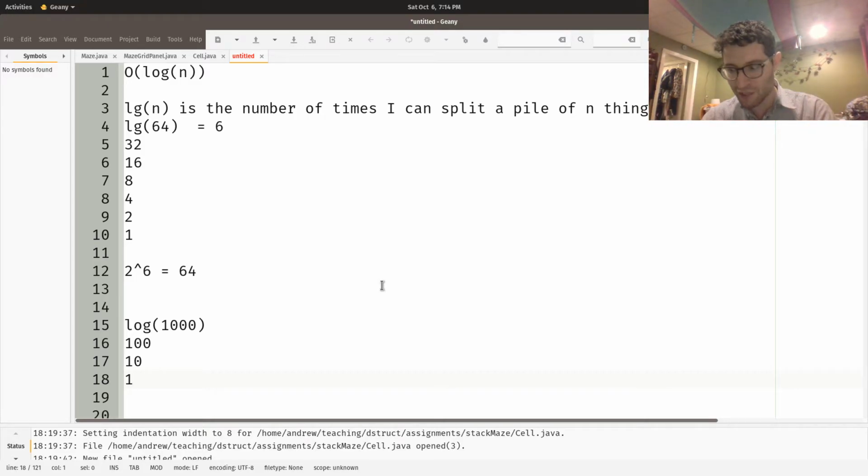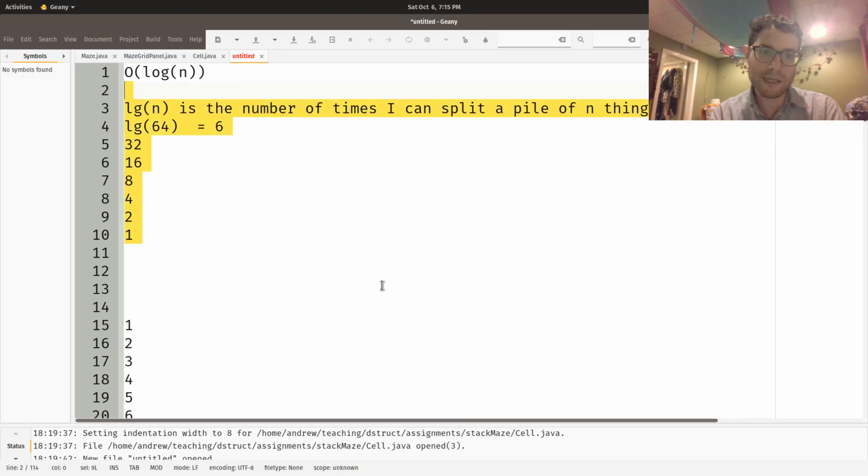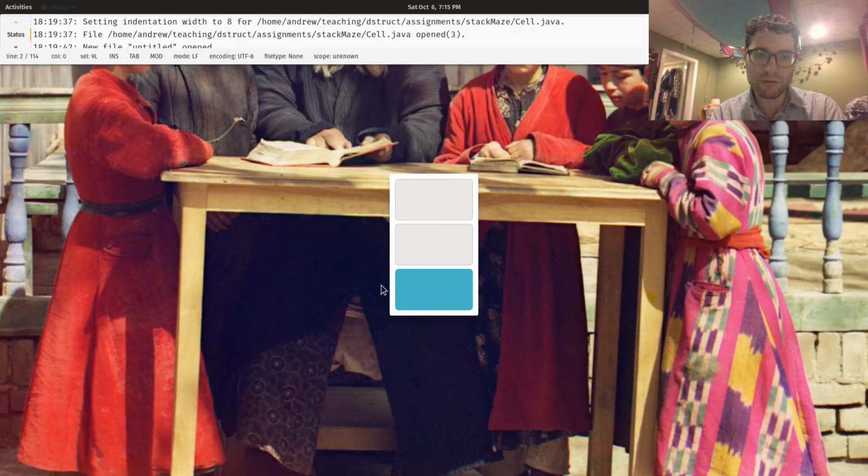And that's just to give you an intuitive understanding of how these logarithms work and what log n time means. It means that we are splitting things in half. If it was log base 3, we'd be splitting things into thirds, right? Each step would reduce my search space to a third of what it was, as opposed to half. So, all right, with that said, we can start thinking about how to do this algorithm.